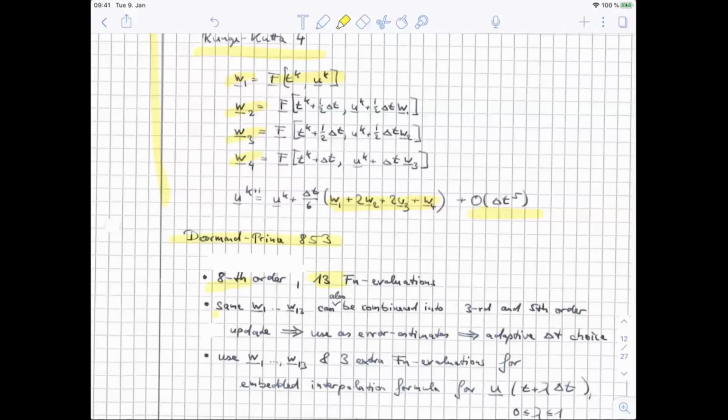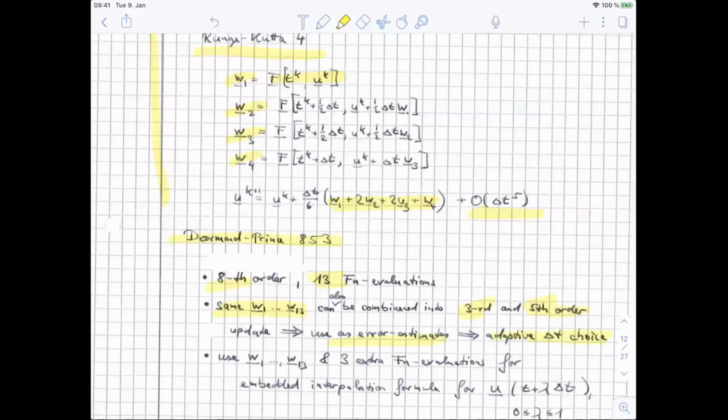The same 13 function evaluations, W1 to W13, can also be combined to give you a 3rd order and a 5th order accurate time step. You can use these to compute error estimates, how accurate your time-stepping error actually is, and use these error estimates to do adaptive time-step choices.